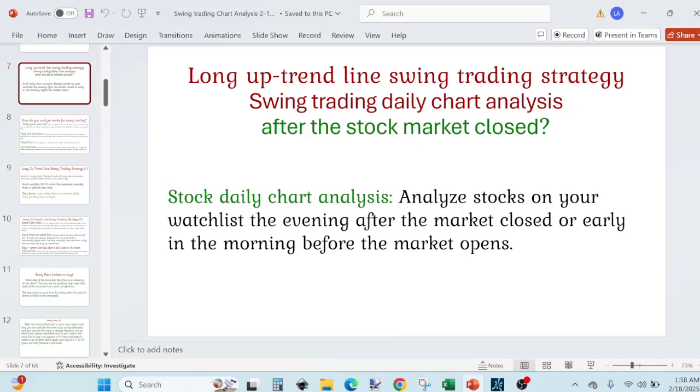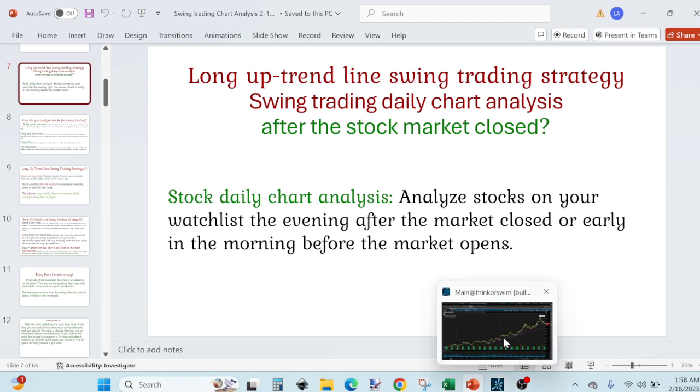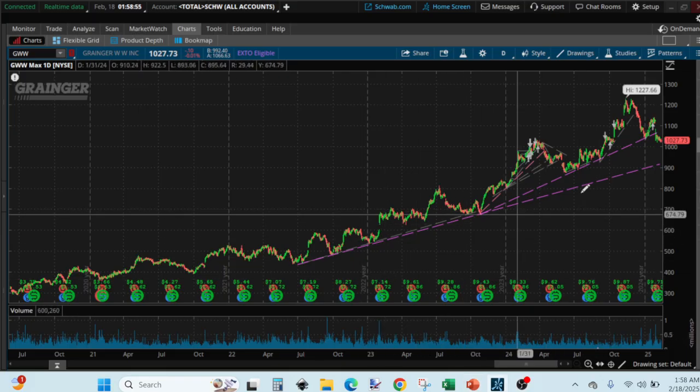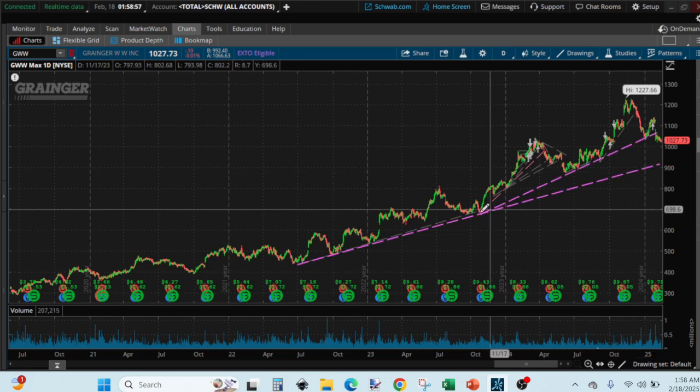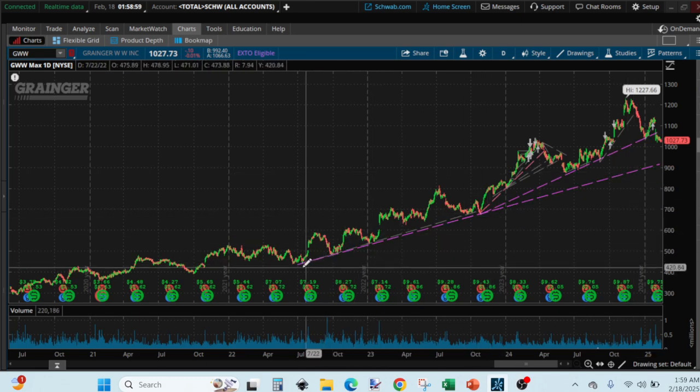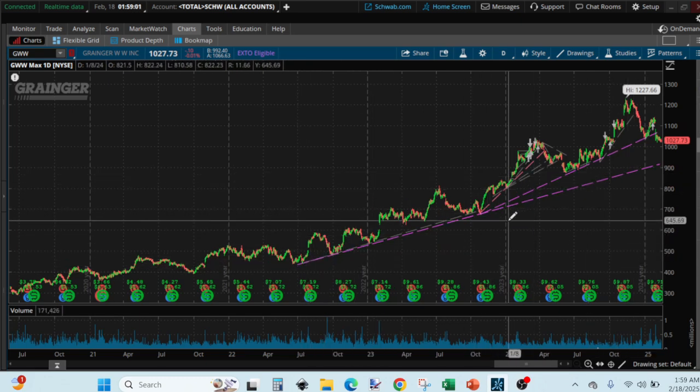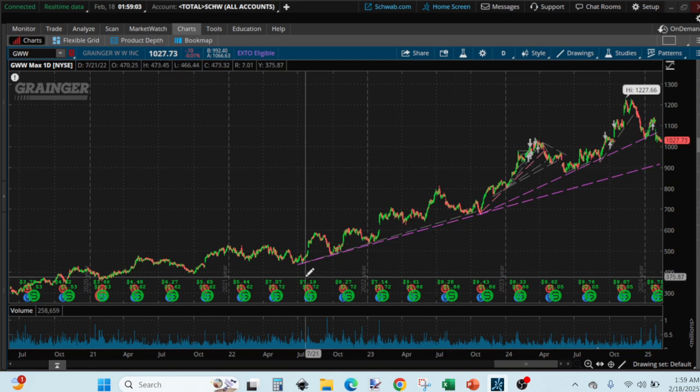So this concludes how you can analyze your stocks, and those are large cap stocks, precisely upward large cap stocks, using long up to long swing trading strategy. You trace your trend lines, which are support lines, passing by the lows of the chart, the obvious lows, because they are upward stocks.